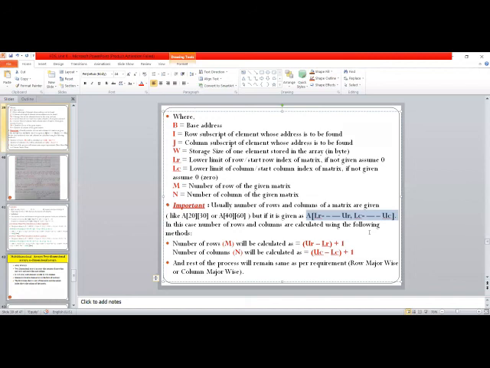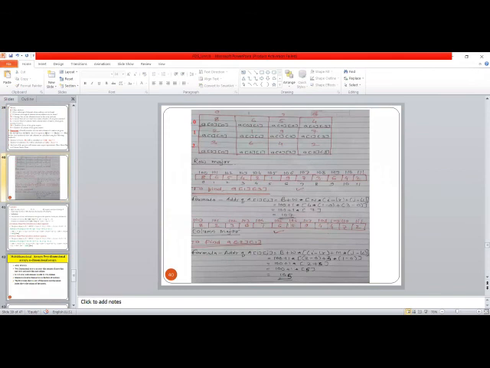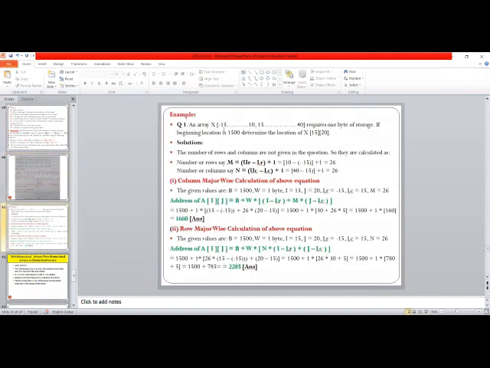You have to find it out on your own by using this formula: UR minus LR plus 1 for calculating the number of rows, and UC minus LC plus 1 for calculating the number of columns. So this problem falls into that category.